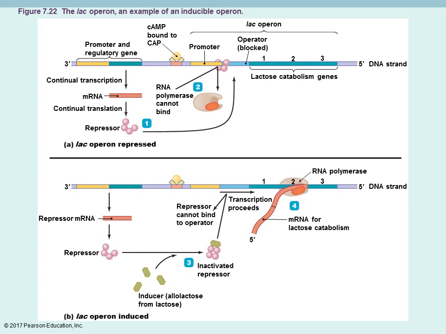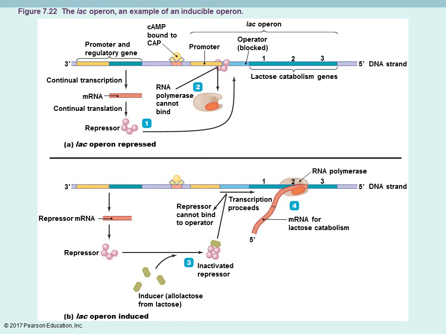Now, if you remember from transcription that we just previously discussed, for transcription to occur, RNA polymerase has to bind to the promoter region. That helps to orient it and focus it and direct it in the right direction. When the repressor is bound between the promoter and the operator area, the RNA polymerase, number 1, cannot bind to the promoter. Why?